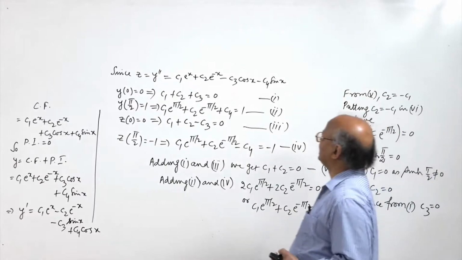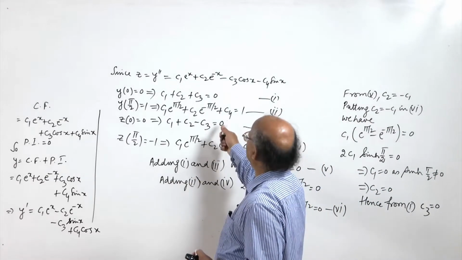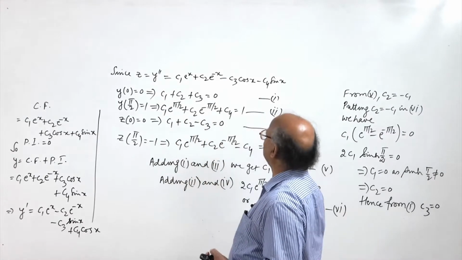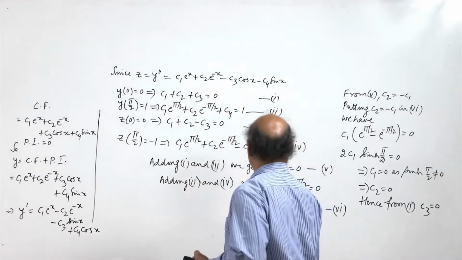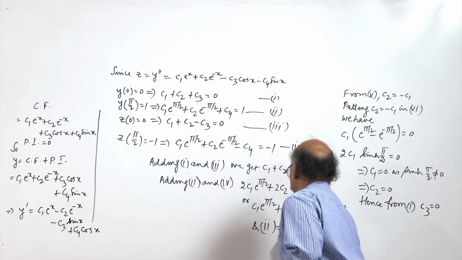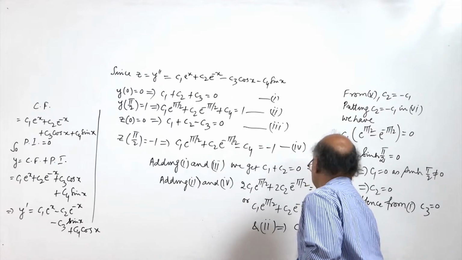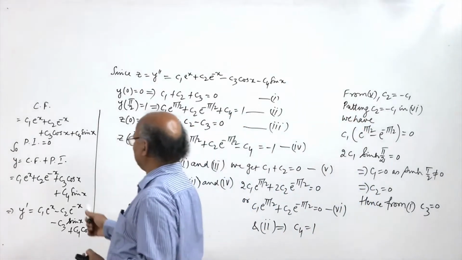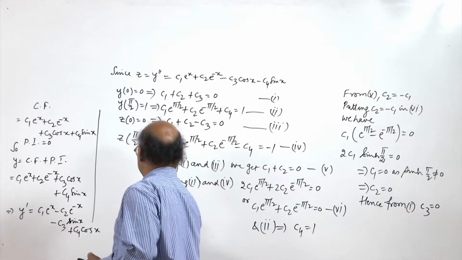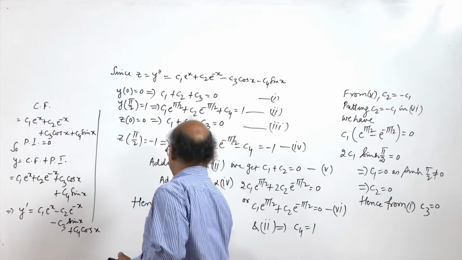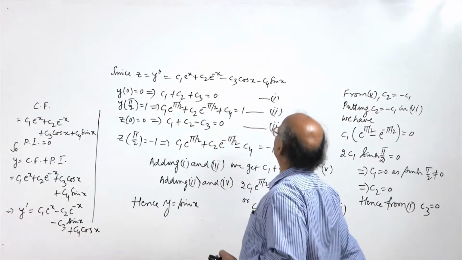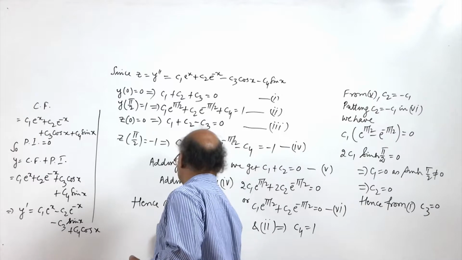So we get c1, c2, c3 equal to 0, and therefore the second equation gives you c4 equal to 1. So c4 is equal to 1, c1, c2, c3 equal to 0. Hence y is equal to sin x and z is equal to minus sin x.